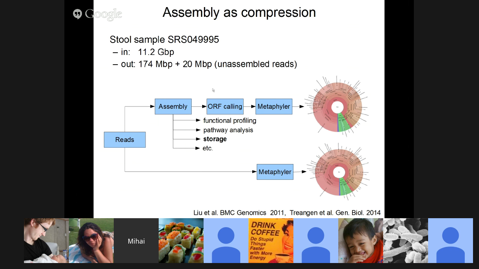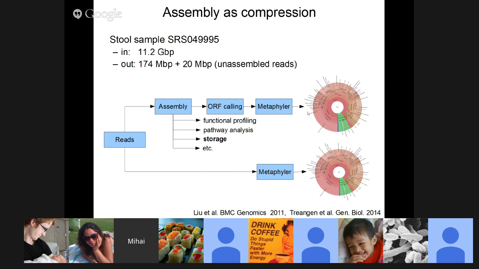And then we took the same exact data. So we took reads, shoved them into the assembler and then did the analysis, and also took the reads and passed them through the same analysis separately. And the analysis in this case was run with a tool called MetaPhlAn that's trying to estimate the taxonomic composition of the sample.